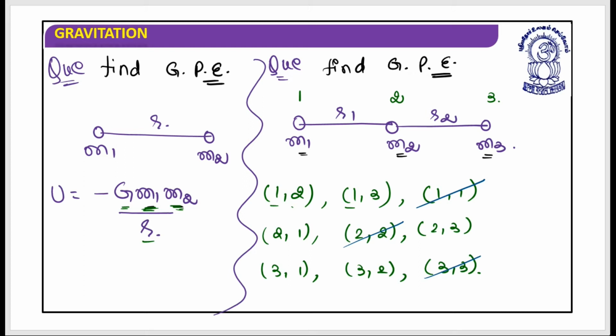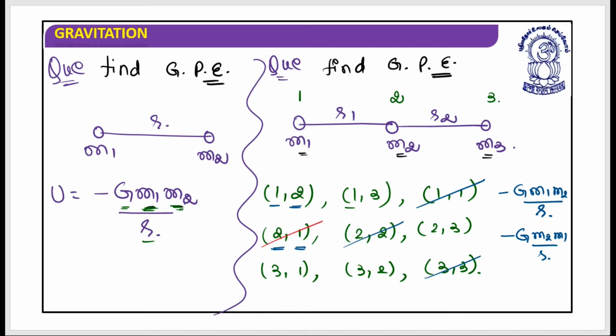Now let's look at the next options. We have the 1 comma 2 option, which is minus G into m1 m2 divided by r. Here we have the 2 comma 1 option. If it is 2 comma 1, it's minus G m2 m1 divided by r. So these two are the same option, and when two are the same, you need to cancel one of them.